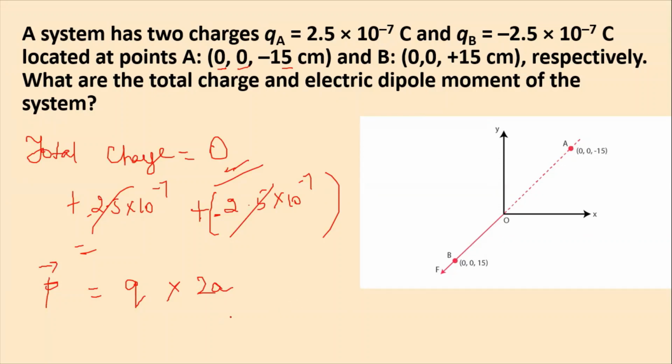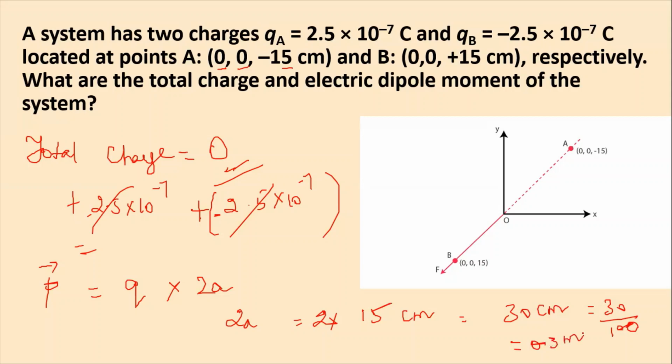So 2A will be equal to 2 into 15 centimeter, so it is 30 centimeter. What is 30 centimeter in meter? That is 30 by 100, which is equal to 0.3 meter.